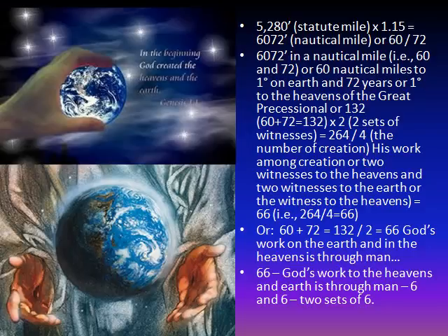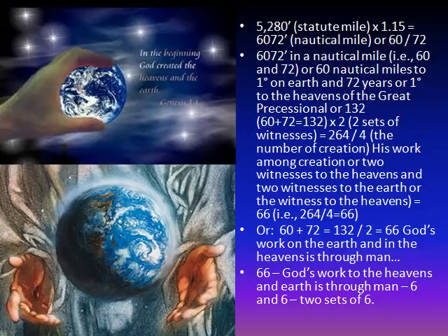In this figure, we have a 60 and we have a 72. 6072 linear feet in a nautical mile. That is 60 and 72, or 60 nautical miles to 1 degree of the Earth's surface, and 72 years, or 1 degree, to the heavens of the great processional.